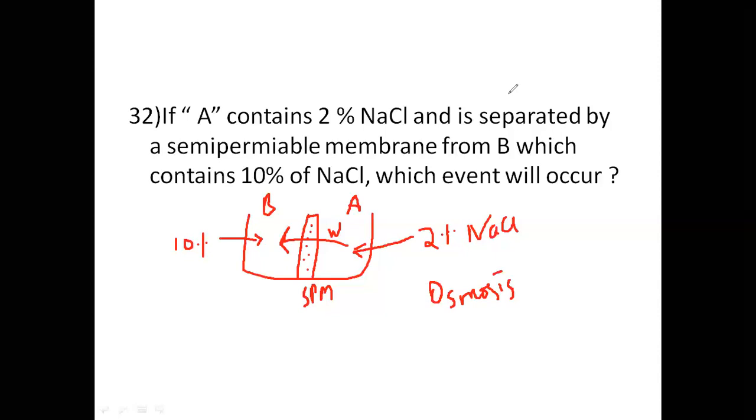Using this, what I can do is I can calculate the i value. i is normal mass divided by observed mass, which is equal to normal is 164, observed is 65.6.